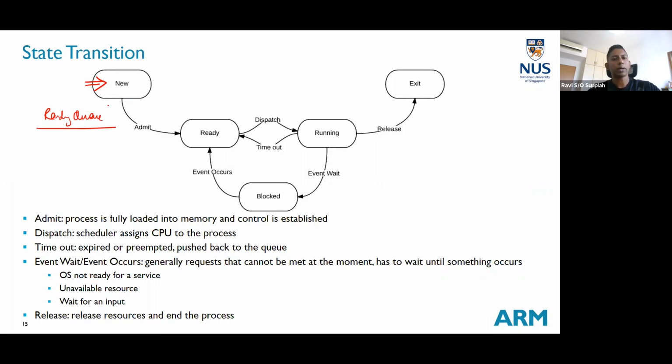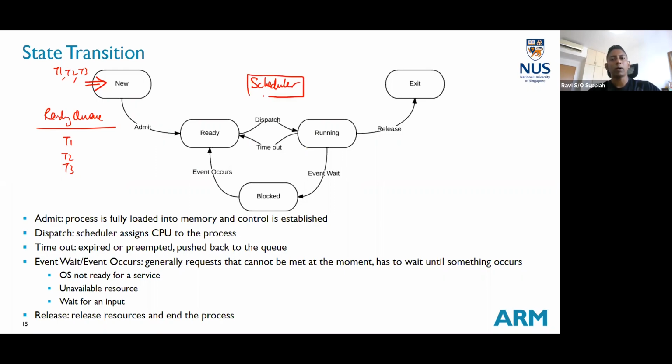For example, I create 3 tasks: task 1, task 2, task 3. All will join the ready queue. And the OS has a sort of manager which we call the scheduler.